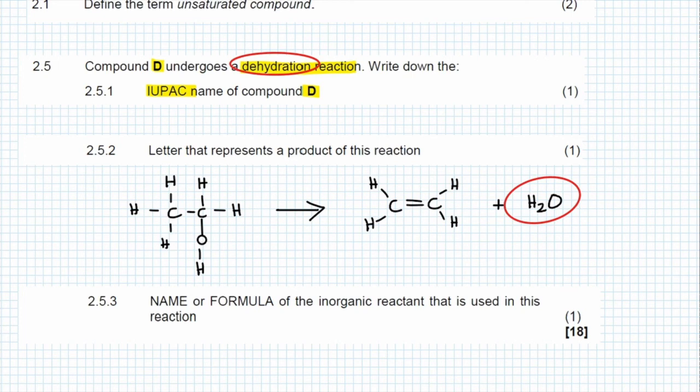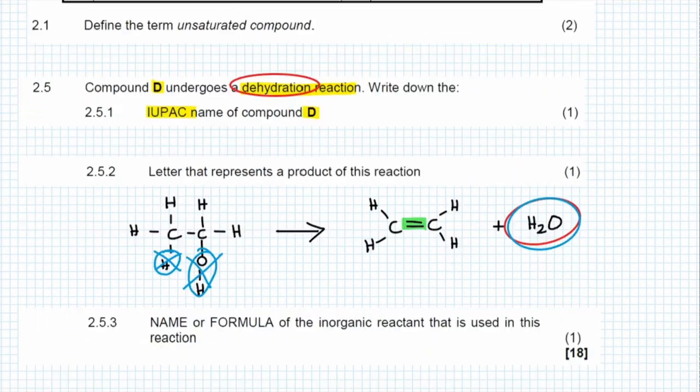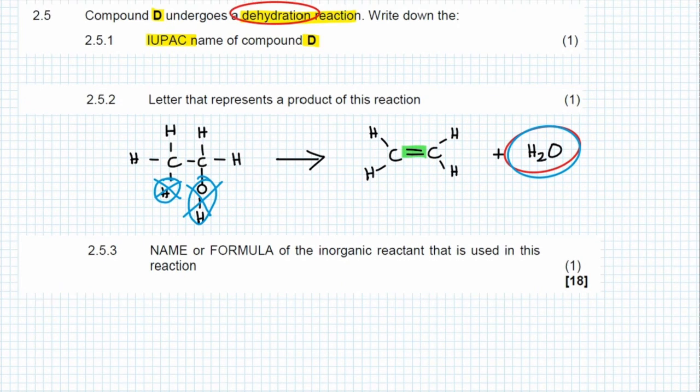When we have a dehydration reaction, the alcohol loses the hydroxyl group and the hydrogen atom from a neighboring carbon atom. When these 2 are eliminated, they form water, but in their place is a double bond. So here we have ethene, an alkene, which we know is compound E. For writing down the answer, we simply say E, and that is going to get us 1 mark.